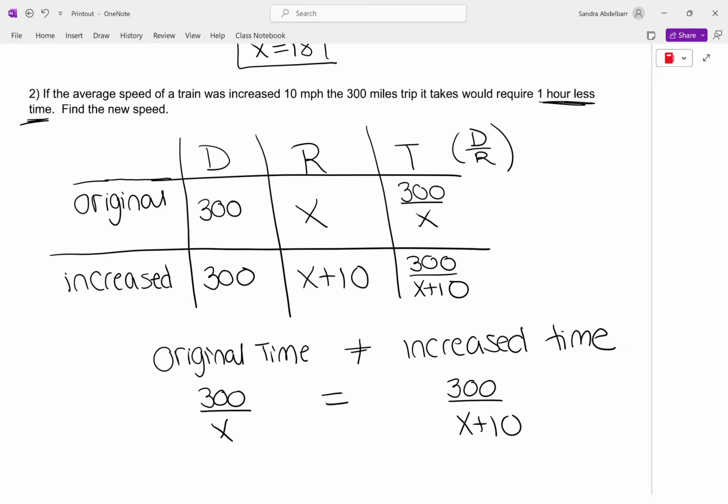To keep these balanced, and we know they differ by 1 hour, what am I going to do with the 1? Subtract it from where? Good, so we have a choice. Our original time is bigger, so we can subtract the 1 from our original time, or what can we do? Add the 1 to our increased time. Does it matter?